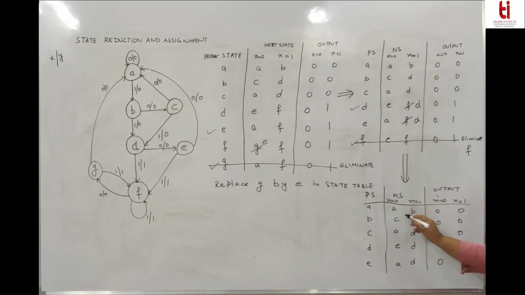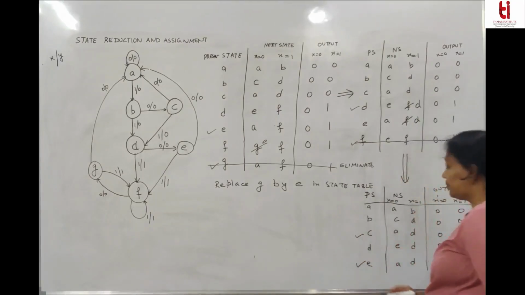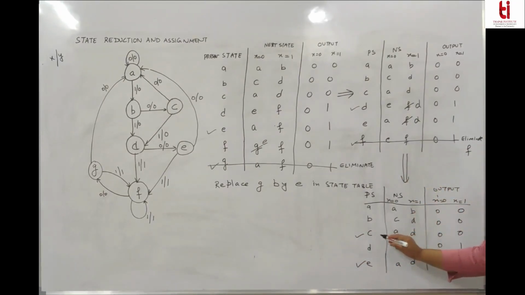Still, if you look, AB is nowhere, CD is nowhere, AD. If you see now in this, C and E: from C it is going to A, output is 0. From C it is going to D for x equal to 1, output is 0. In the lower one, from state E, for x equal to 0 it is going to state A, output is 0.